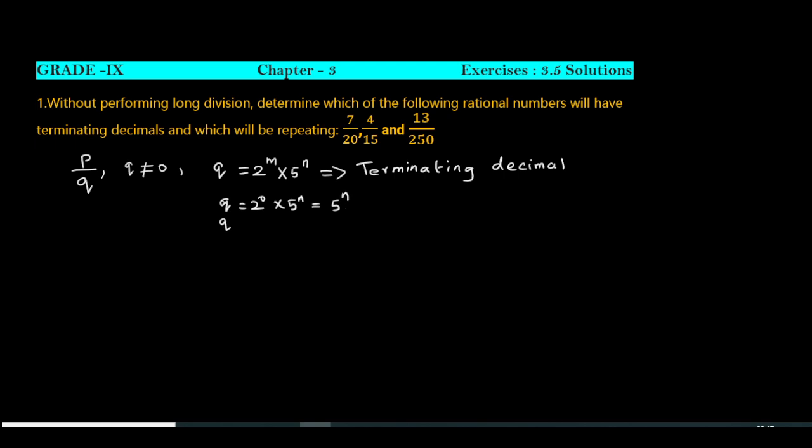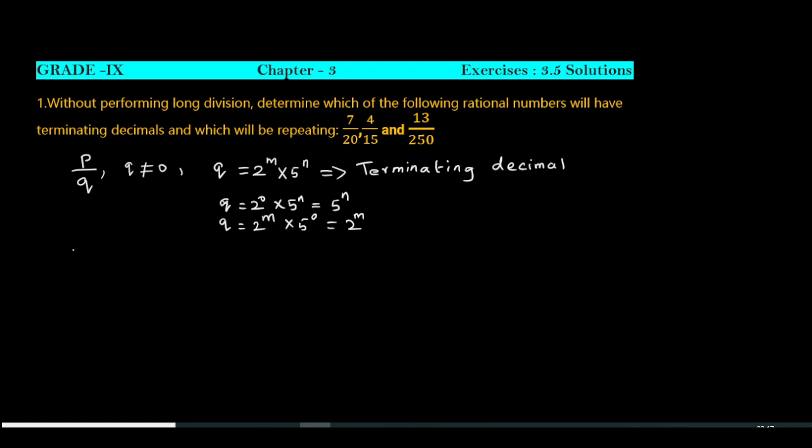Or sometimes q is equal to 2 power m and 5 power 0, so only 2 power m will be there. So only 5 power n, or only 2 power m, or 2 power something into 5 power something means that number will be a terminating decimal. Other numbers are non-terminating numbers.